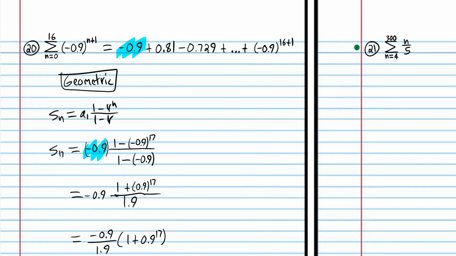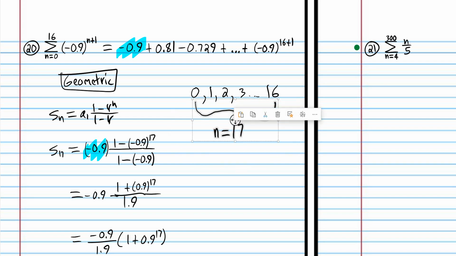And again, the reason for that is because we have all these terms all the way up to 16, which means there's 16 terms, but that's not including the 0 term. We start with n equals 0, so there's actually a total of n equals 17 terms, not 16. So you have to be really careful about that.